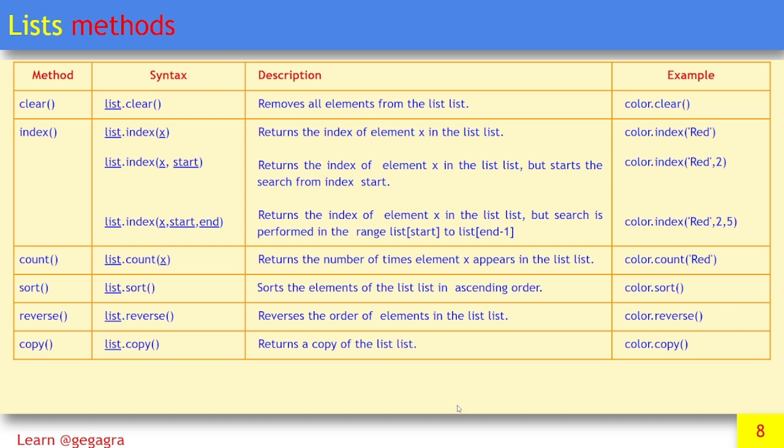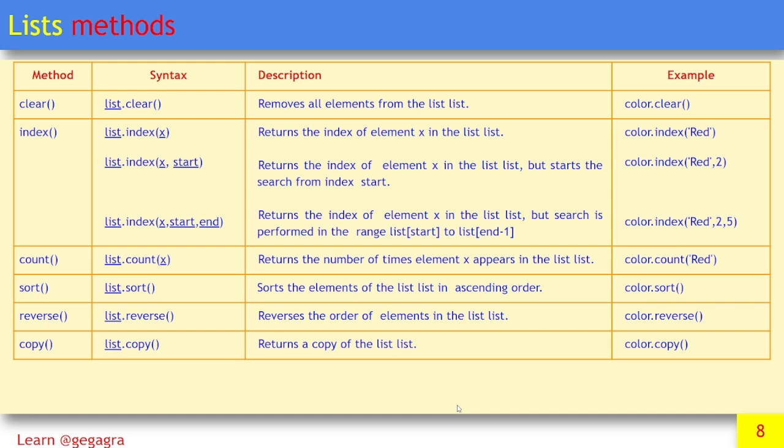If I apply list.index(x, start, end), I want to know the index of x, searching from the start position to end minus 1.